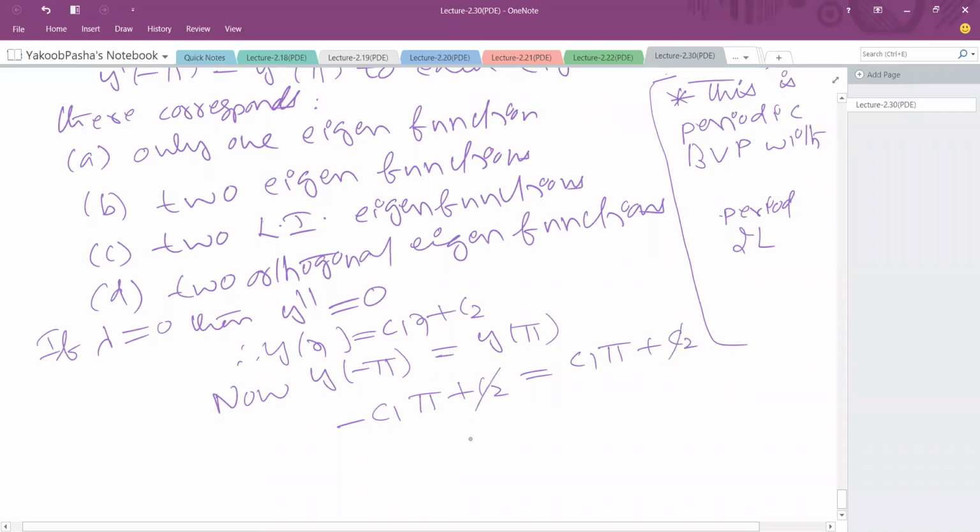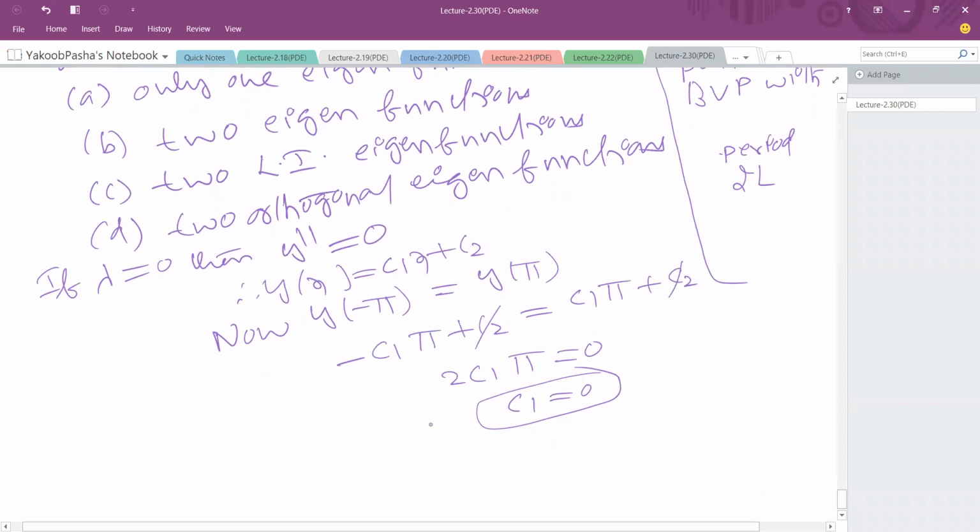C2 will be cancelled. So 2c1 pi is equal to 0. That means c1 is equal to 0, since 2 not equal to 0, similarly pi not equal to 0. So c1 is equal to 0 and apply in this. The solution becomes c2 only.